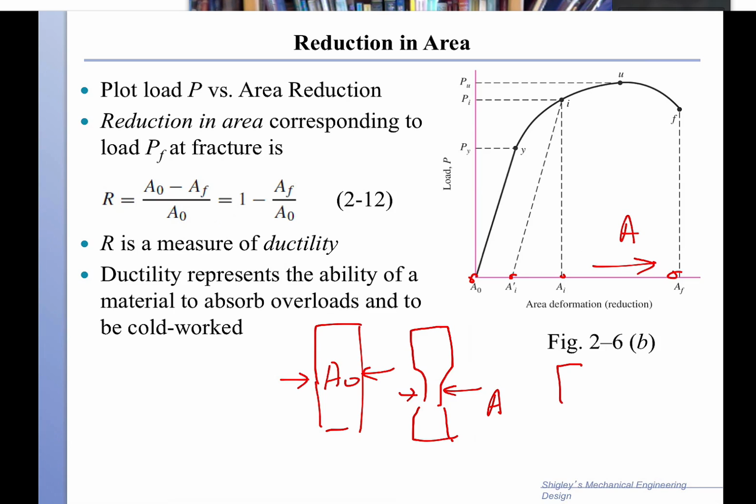So before fracture, the volume of the material decreases in the middle section, and you get localization, and then the cross-sectional area becomes very small before the fracture. This cross-sectional area, we're going to call A sub F, which is the area just at the moment that we have fracture.